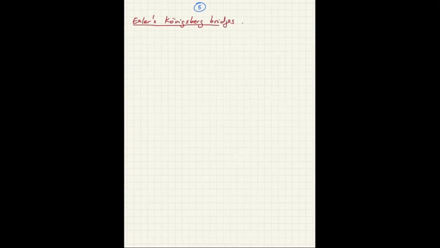So we had this problem where we argued that you cannot go through every edge exactly once and return to where you started, because in order for that to happen, the degree would have to be even at each vertex, but that was not the case for this graph. So what we want to prove now is that this condition with the degree is actually both necessary and sufficient. But to do that, I need some definitions.